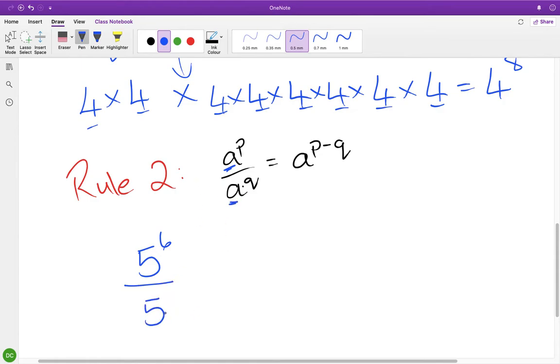For the most part in indices, it's quite important that the bases match. If the bases don't match, most of the rules don't apply. Having bases matching in indices is quite normal and accepted, and it means you can plow on and do your question.